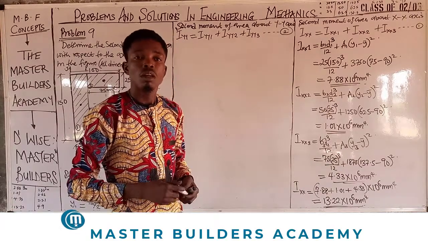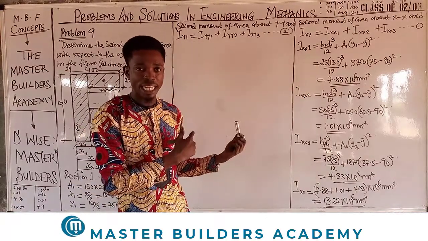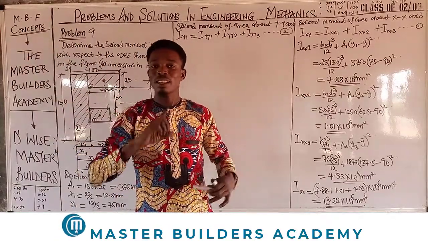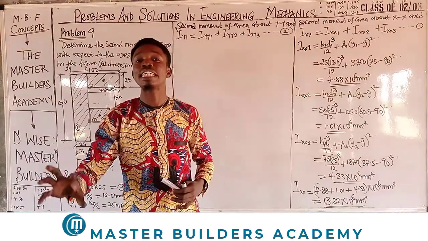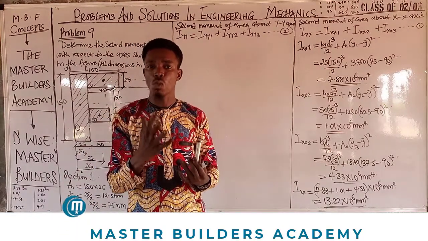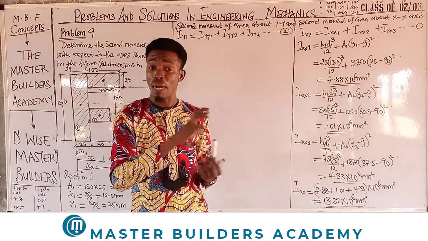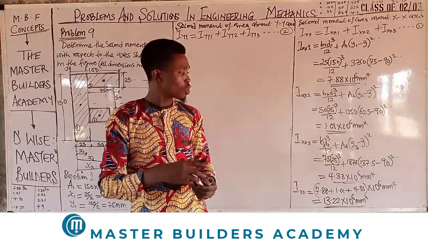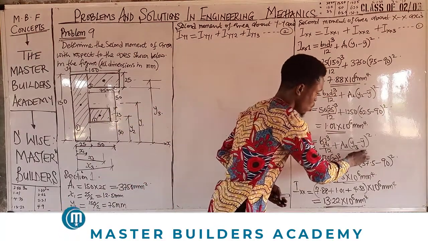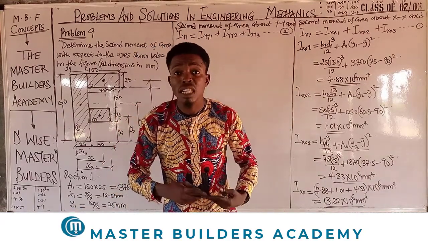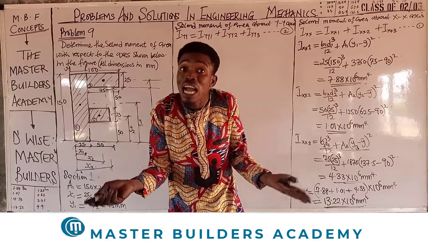Now, remember from previous problems we solved, problem 7 and problem 8, when we were calculating IYY, the second moment of area about y axis, we always didn't consider this section. Why? Because the section was symmetrical about y axis. But in this case now, this section is not symmetrical about y axis.